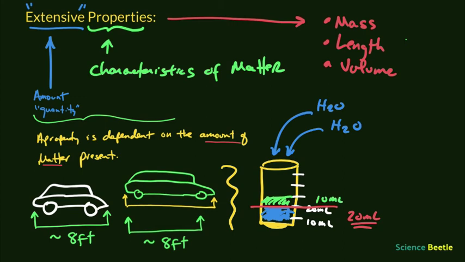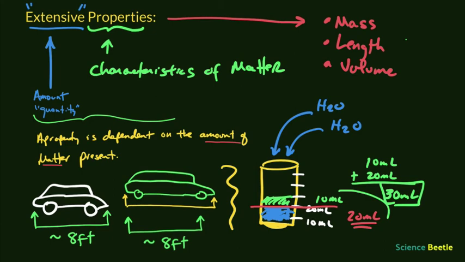So when I consider the overall total volume, that would be essentially 10 milliliters plus the 20 milliliters that we had there, giving me a total of 30 milliliters. So again, here you see that if we increase the amount of sample that we have, the amount of matter that is present, we are going to increase the measurement or the units of that measurement that we're getting for the volume. That is also going to increase.